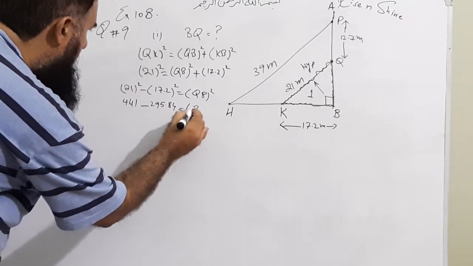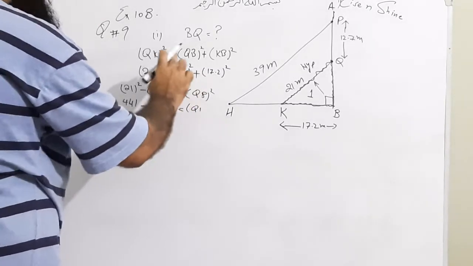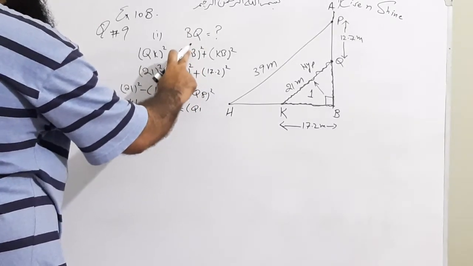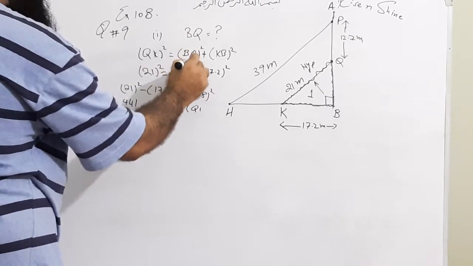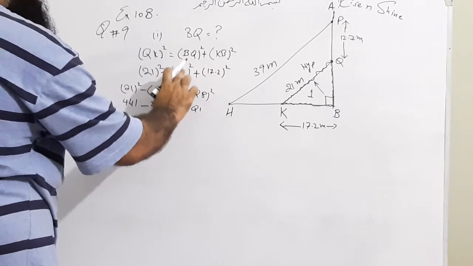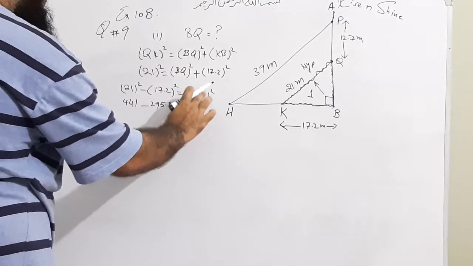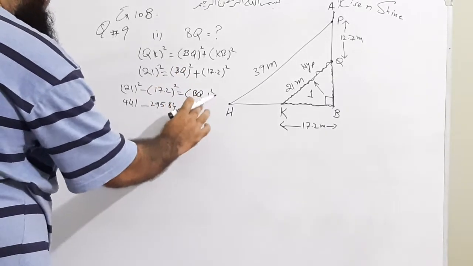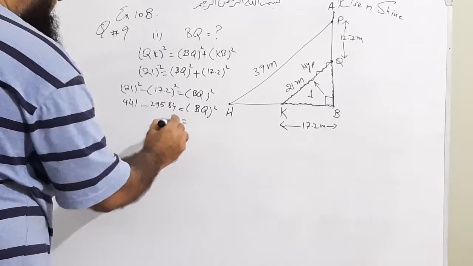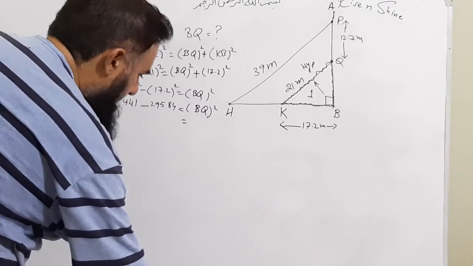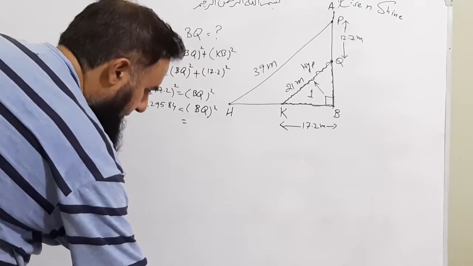it is 295.84. It is equal to QB, or we can say BQ, because it is BQ here, so we will be writing BQ, not QB. We need to find out BQ square. Now we'll subtract 441 minus 295.84.